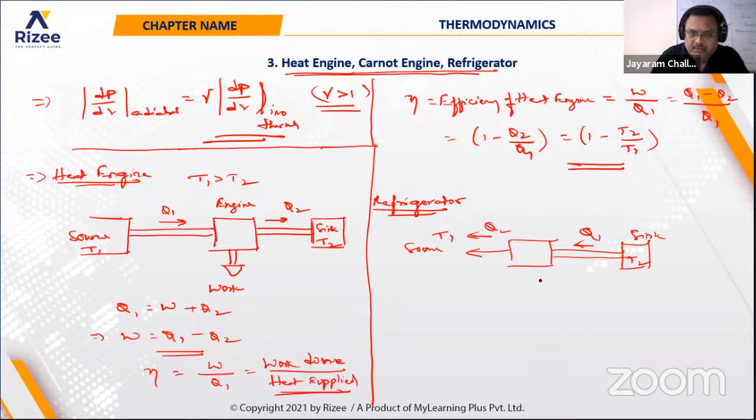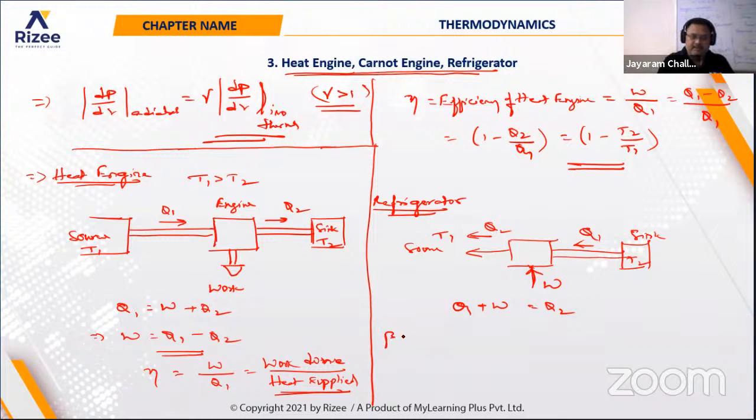This is going to be Q2, and the remaining thing is the work done on the system, that is W. So from this, Q1 plus work done W is equal to Q2. You can write this equation from the conservation of energy. Now the coefficient of performance is called beta.